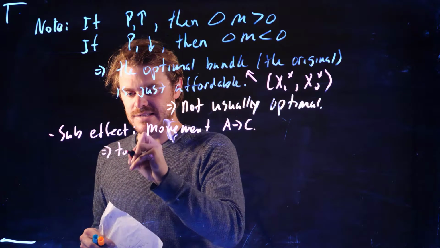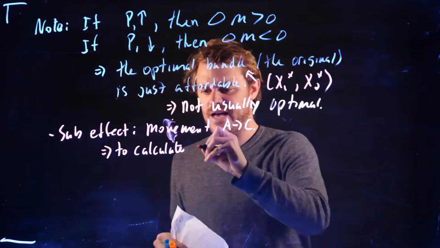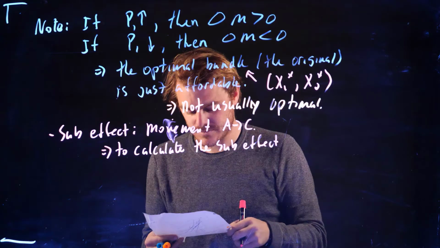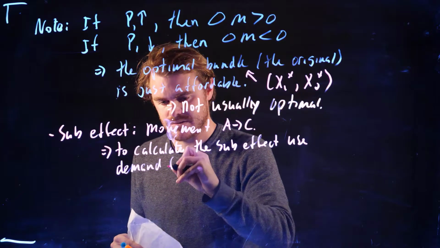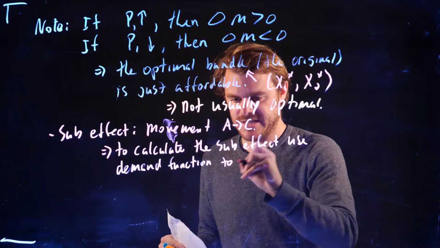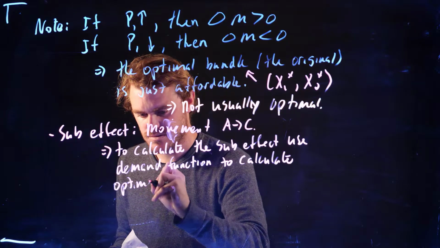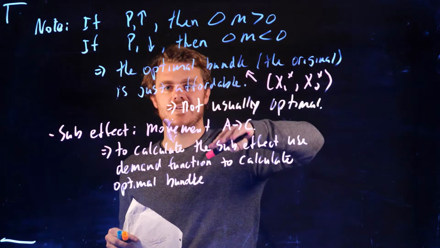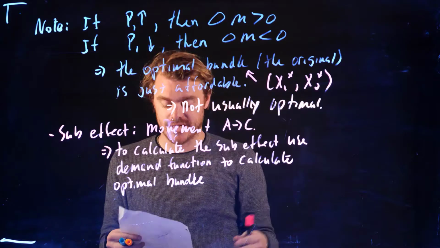So to calculate the substitution effect, we've seen the change in income up here, and we're going to use the demand function to calculate the optimal bundles with the new prices and the new income and compare that to the old price and the old income.